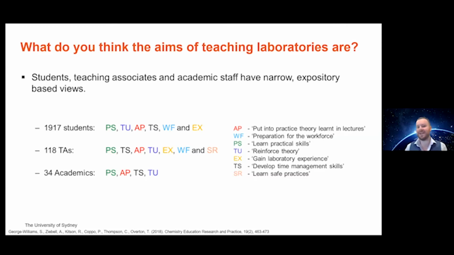Furthermore, no one really said anything about developing scientific methodology or an understanding of how to design an experiment. And it was quite interesting to see how that was missing out of everybody's voices, at least on a large number. And we've theorized at the time that, well, maybe that's because of the experiences that they're having, which are traditionally expository, or at least mostly expository.